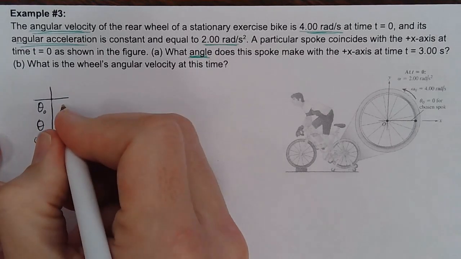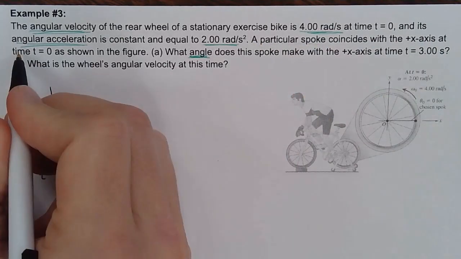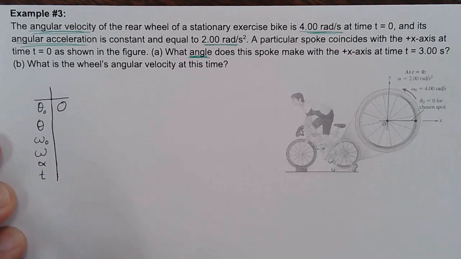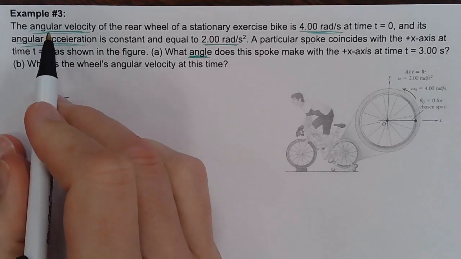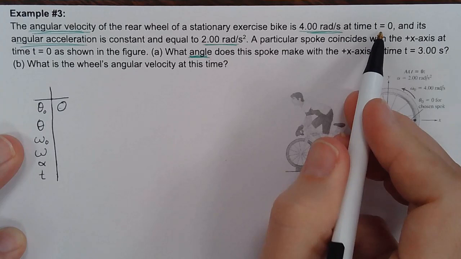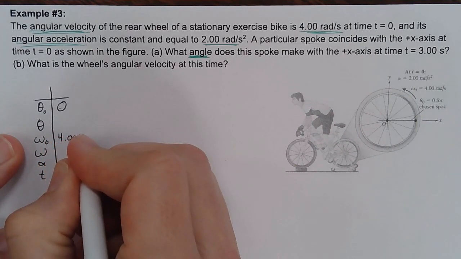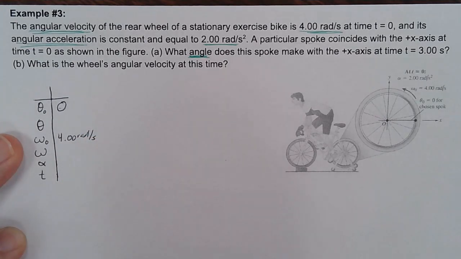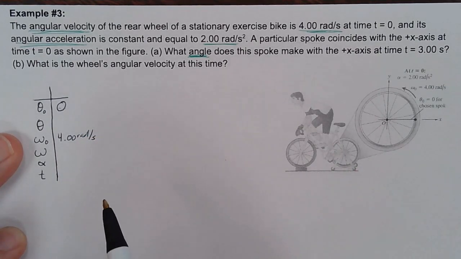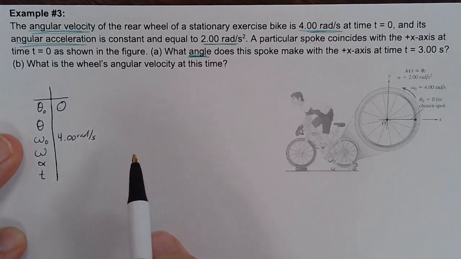So we can say that we start at 0, right? That's what it says, the particular spoke at the x-axis at time 0. So my initial position is 0. Okay, it does say the angular velocity is 4 radians per second at time 0. So that's my initial speed here. So 4.00 radians per second. Remember, in order to use any of our kinematics equations, we do need it to be radians per second. It can't be cycles per second or degrees per second.